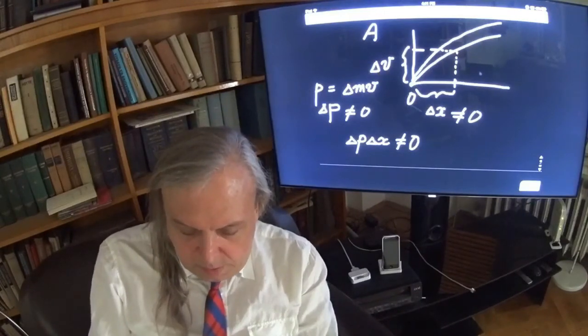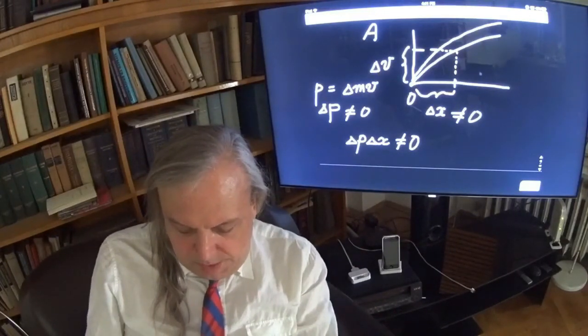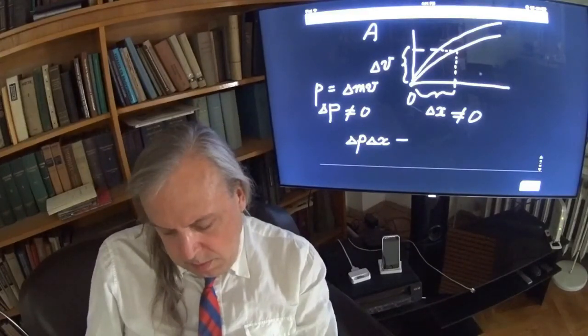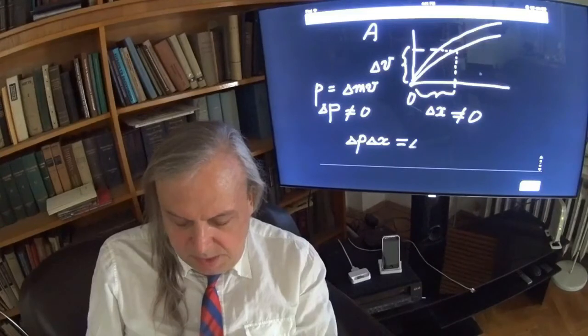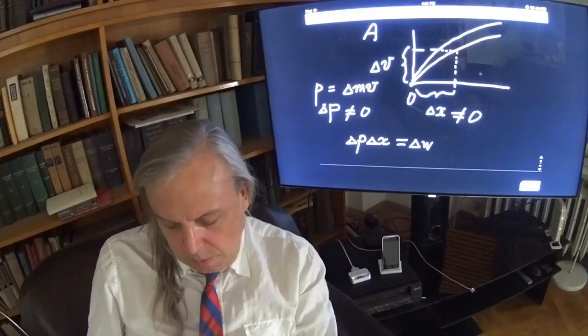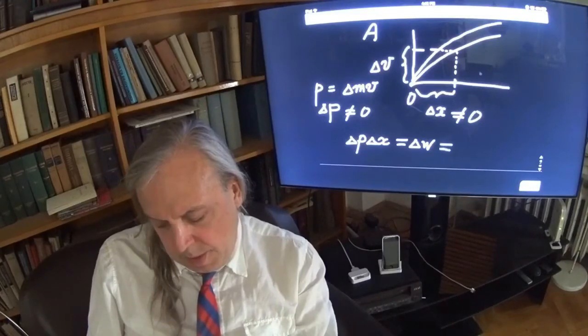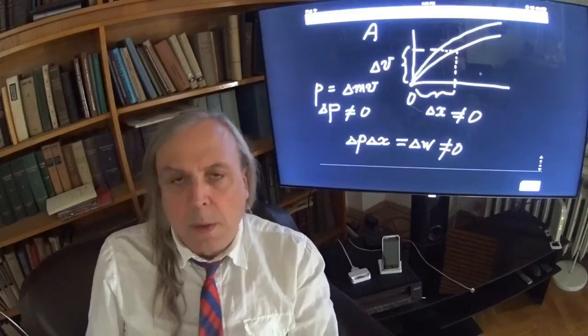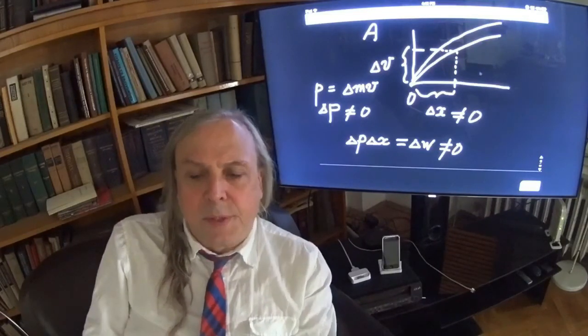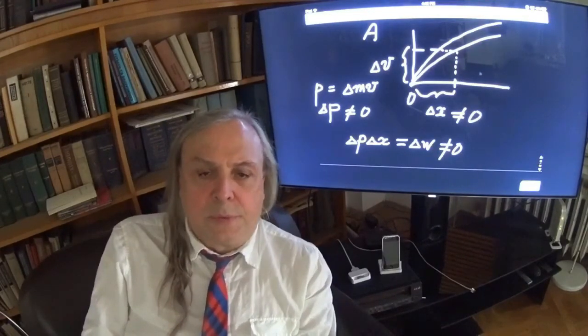So this delta p delta x is equal to, say, some delta lowercase w, and this is different from zero. This is greater than zero.